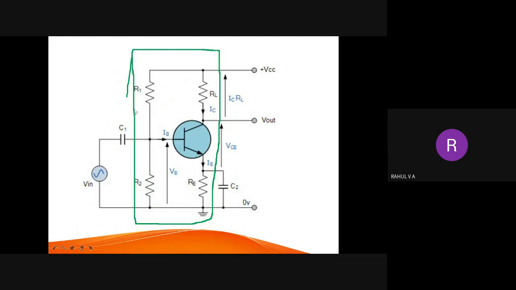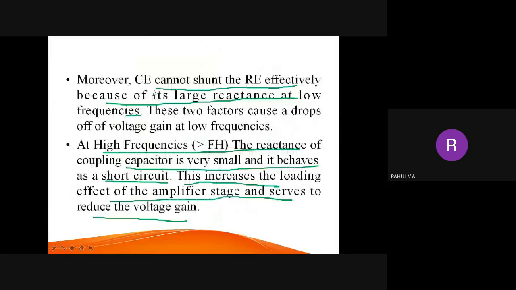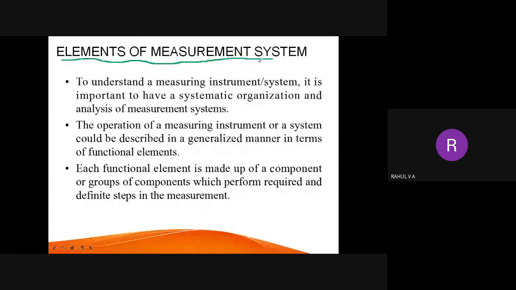At that time you have to do all those derivations we have seen in the first class, today's morning first hour. Then separately they can ask what is the frequency response of a common emitter amplifier. That also is possible. Just read through these, then you will get an idea. At first, however much I explain, it may be a little difficult for you to understand. So just read it using the idea I explained, and see how it comes in the notes. Okay, so let us go to the next topic. It is completely theory part. Okay, elements of a measurement system.